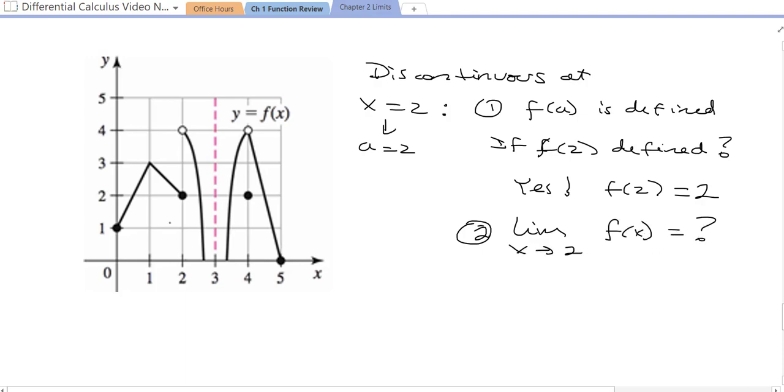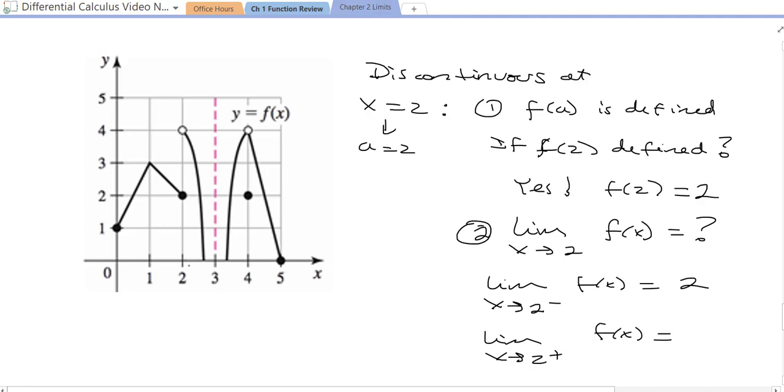Does it exist? Notice that it doesn't. Because the limit as x goes to 2 from the left of the function is 2, same as the function value, but the limit as x goes to 2 from the right of f of x, from the right we are following this side of the function, so the limit is 4. And these are not the same.